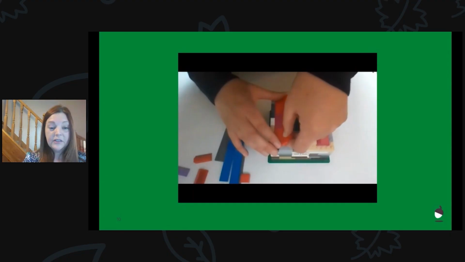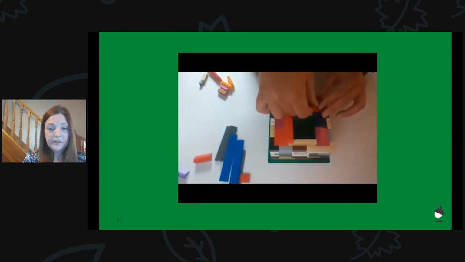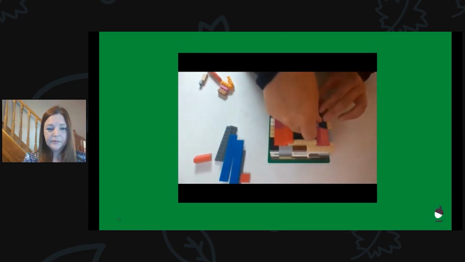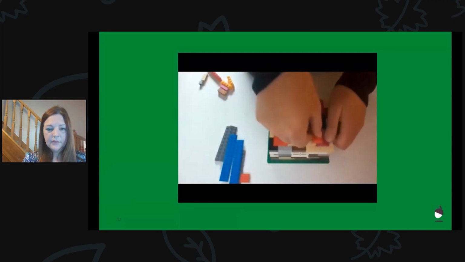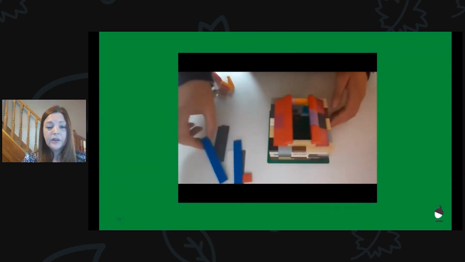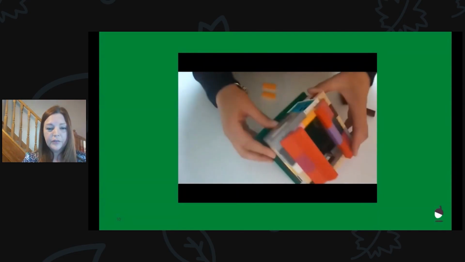One last brick on this side, and then I'm going to do the same on the other side. Another row of slanted bricks. And now I'm going to have to put something across the middle to make the top of my roof.